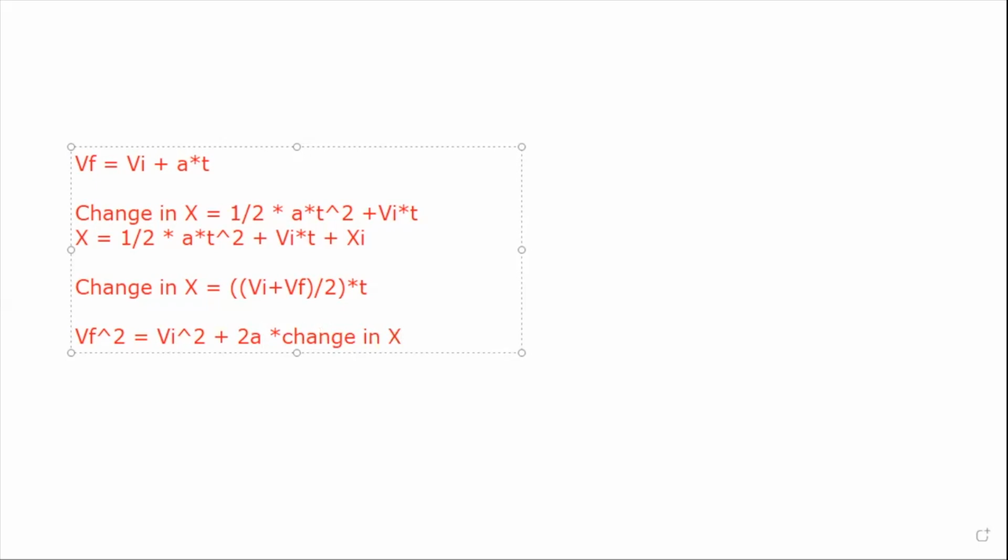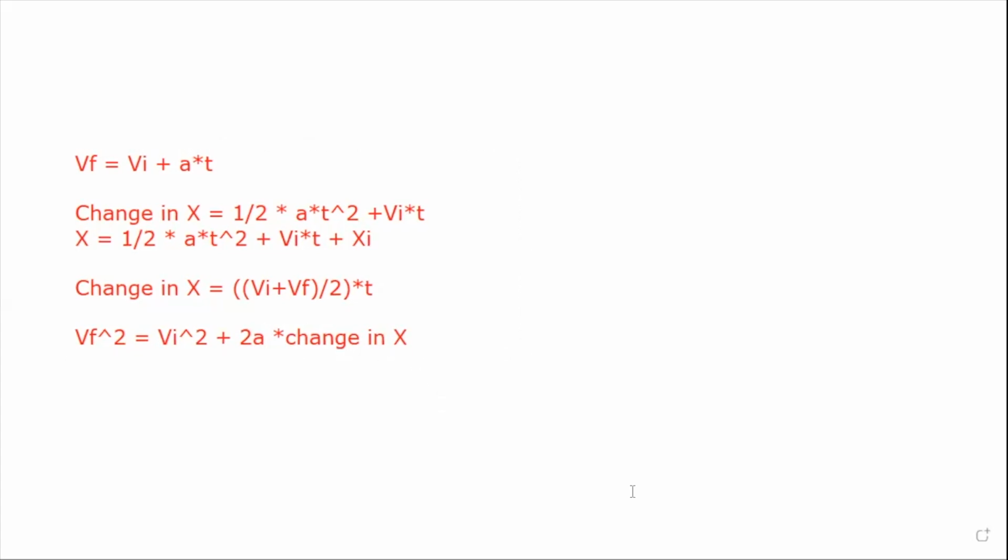This one's a little less clear where it comes from, but it comes from a decent amount of calculus applied to the basic definitions we have. So these are the basic four kinematic equations you should have covered so far.